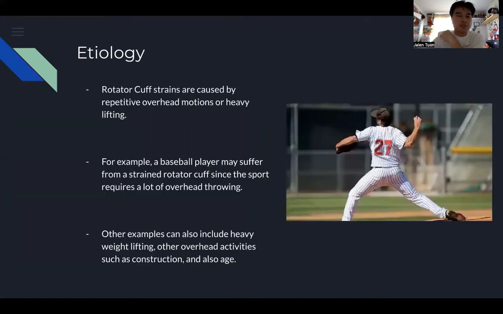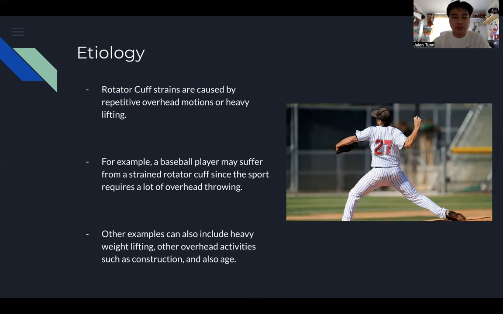So the etiology: rotator cuff strains are caused by repetitive overhead motions or heavy lifting. For example, a baseball player may suffer from a strained rotator cuff since the sport requires a lot of overhead throwing. On top of overhead throwing, you would see a lot of high velocity in the arm movement, so that can play a factor as well in tearing the rotator cuff.